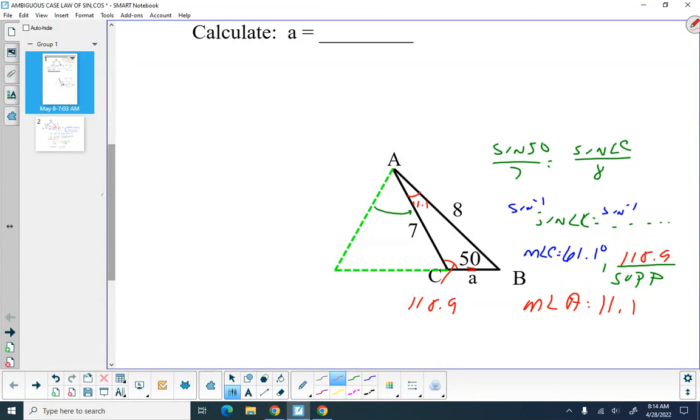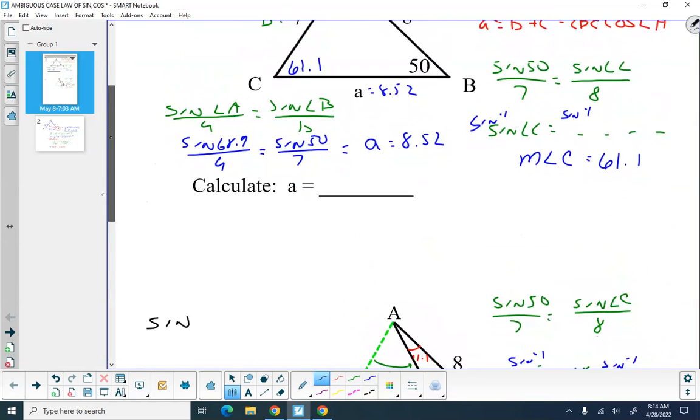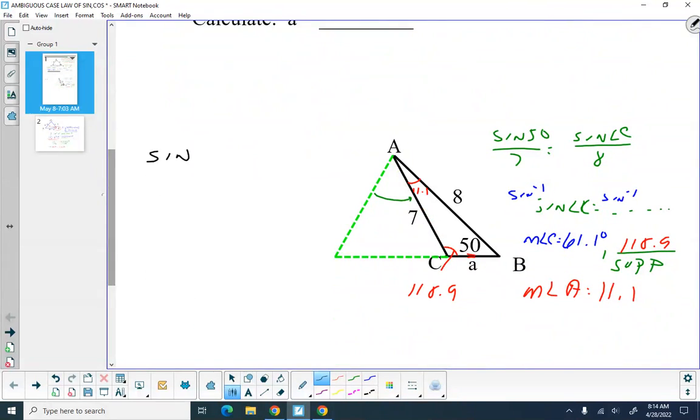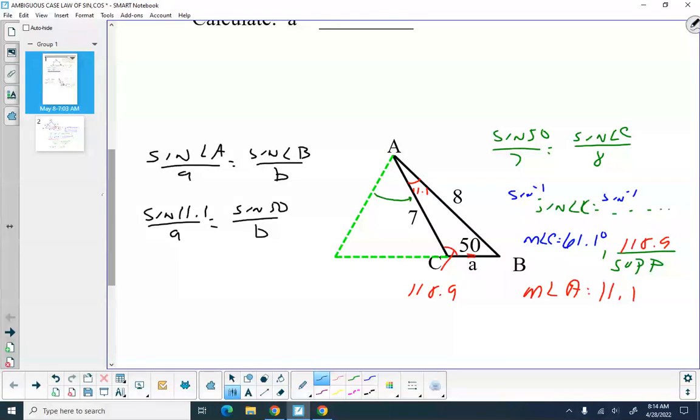11.1. Now I can find little a by, once again, sine of angle A over little a equals sine of angle B over little b. We have the sine of 11.1 over little a is equal to sine of 50 over little b.